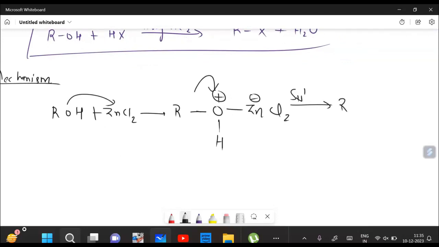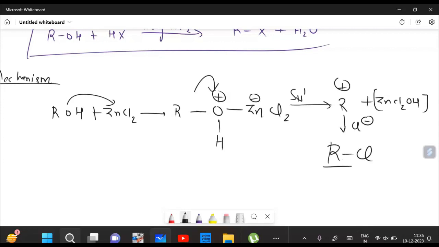It will form R positive plus ZnCl2OH. Further, Cl minus will attack here and it will form RCl. So this is how the reaction goes.